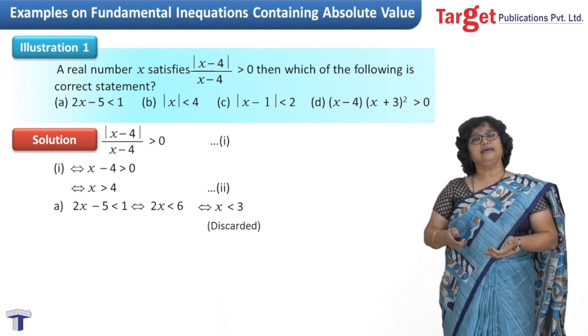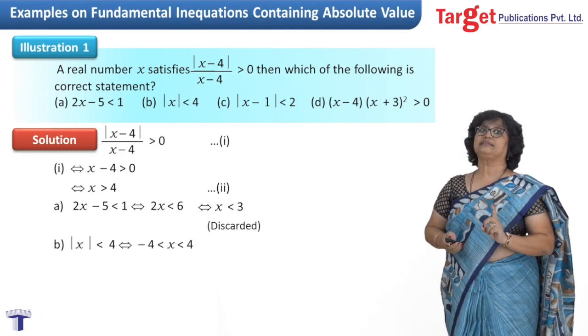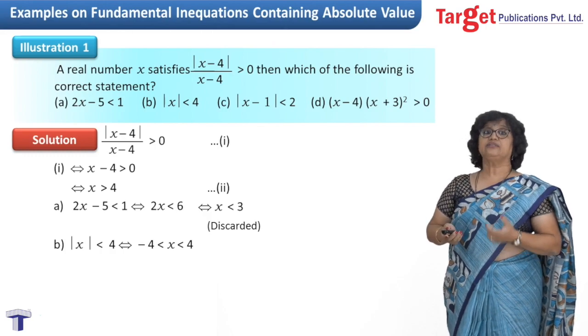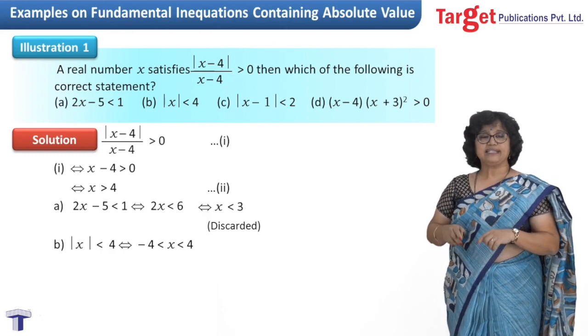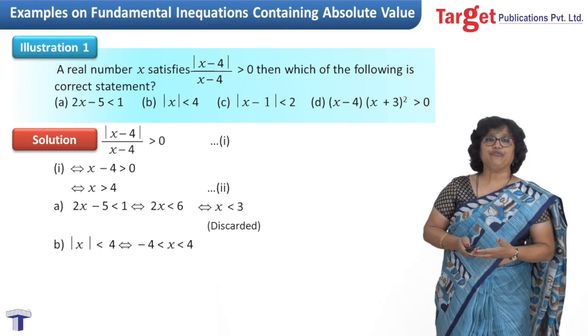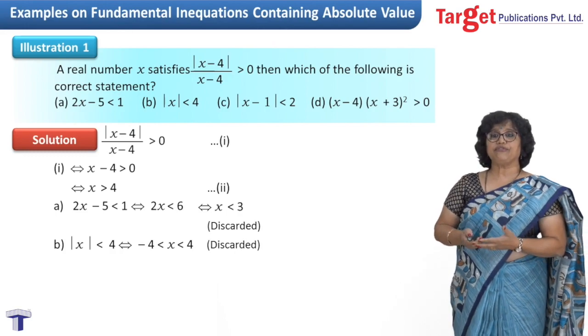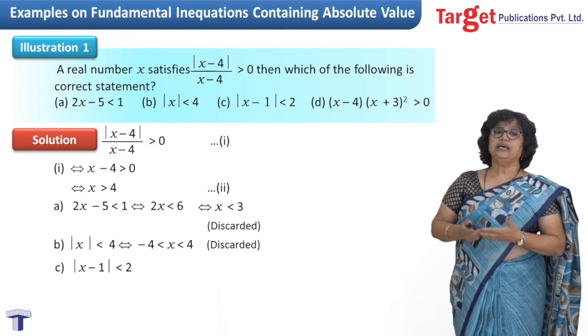I go to the next, that is absolute value of x less than 4, which is of the form absolute value of x less than a. The solution set was minus a to a, so here we will say minus 4 to 4. So obviously even this inequation does not get satisfied by x greater than 4. We go to the next, which is of the form absolute value of x minus 1 less than 2.